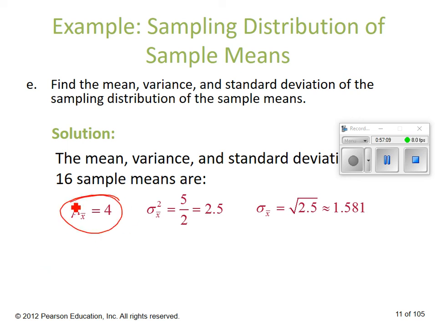What do we know about the mean of the samples? Should be exactly the same as the mean of the population, which it was. The standard error came out to be 2.5, or I'm sorry, that's the variance. The standard error came out to be 1.58, which is going to be a little smaller. And what that's going to do, your original graph might look something like this.